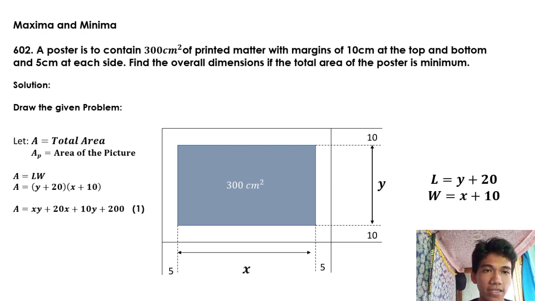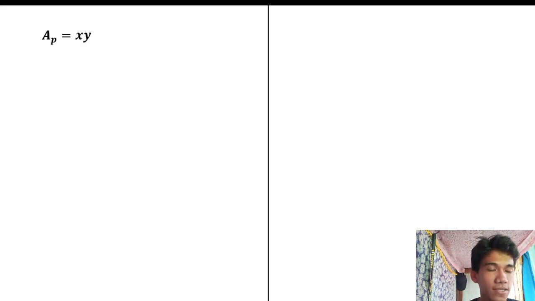We label it number 1, because we will use it in the next procedure. In the next process, we find the value of y using the area of the picture.